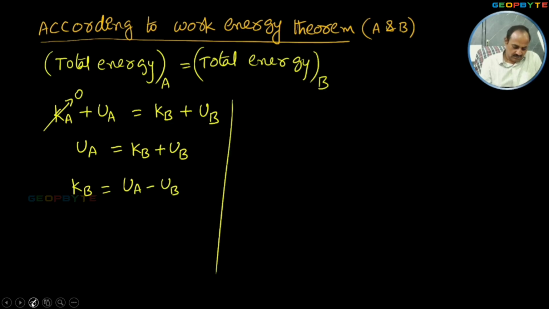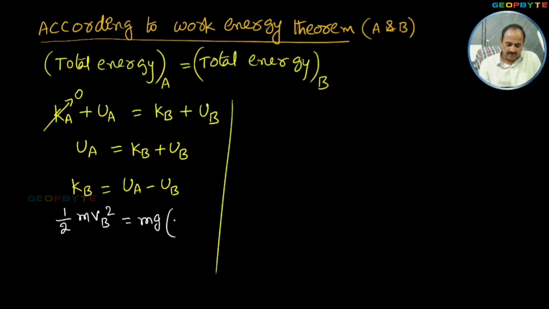That can be written like this. Kinetic energy at B, half m v squared, is equal to mg into (ha minus hb).